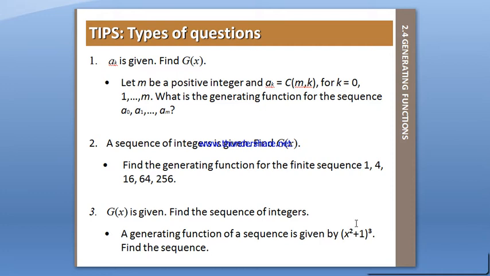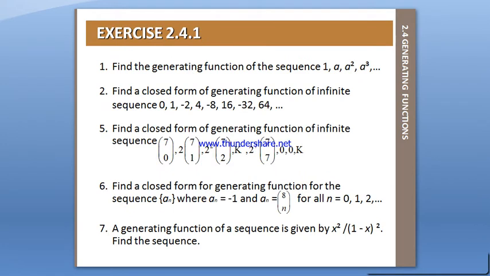What we have to do is, first expand this (x squared plus 1) power 8 by the binomial theorem expansion, and later, by identifying its coefficients one by one, we write the terms of the sequence, and that represents the required sequence for which the generating function is given.